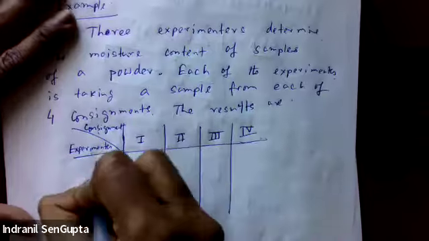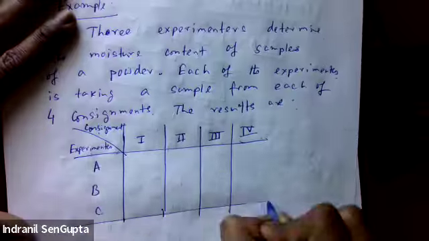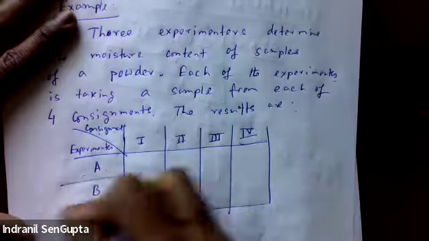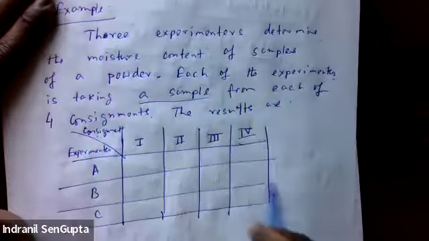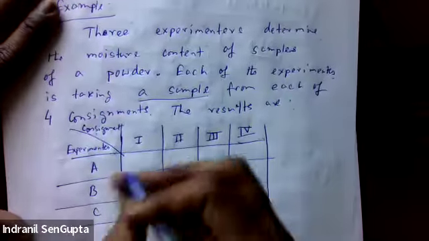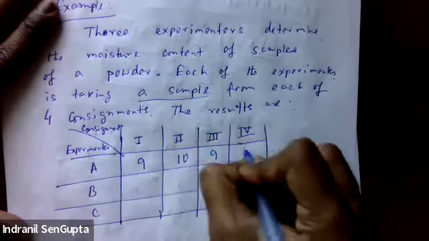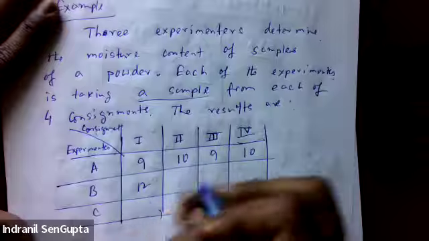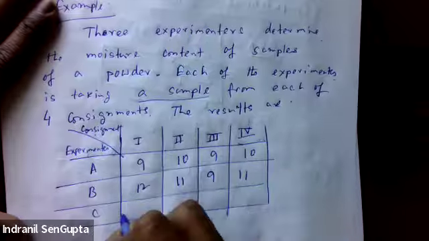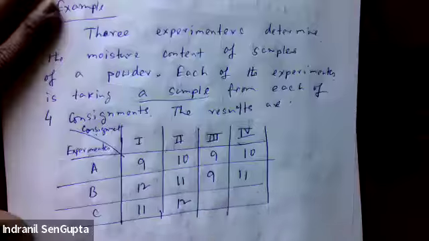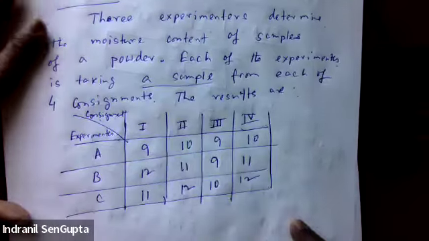And the experimenters will call it A, B, and C. And the numbers, they're taking a sample from each of the 4 consignments. So just one sample. So it's 9, 10, 9, 10, 12, 11, 9, 11, 11, 12, 10, 12. Okay.